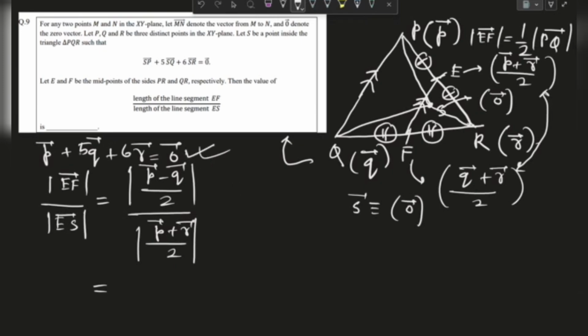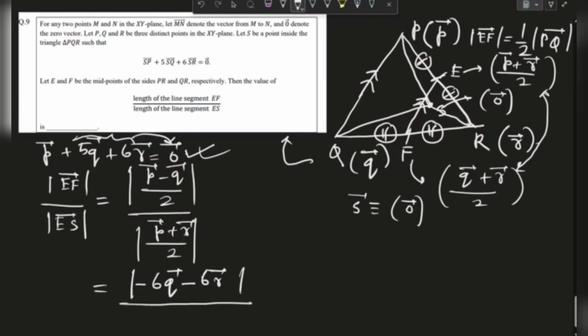What we will do is we will substitute in place of P vector, minus 5Q vector minus 6R vector, if we take this particular thing to this side. So let's substitute. After substituting we will get minus 6Q minus 6R vector, because here we have a Q, and here there will be one R vector, so it will be minus 5Q vector minus 5R vector.